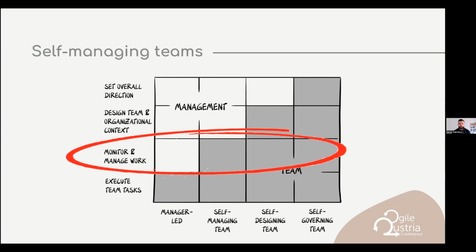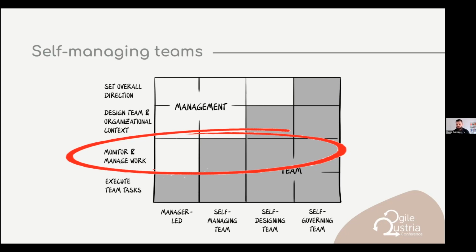And so self-managing team is something that Scrum framework aims for. Self-managing people and people organizing into self-managing teams is also something that Kanban method aims for. But we can see here clearly that the next stage, which comes beyond the self-management, is self-design.